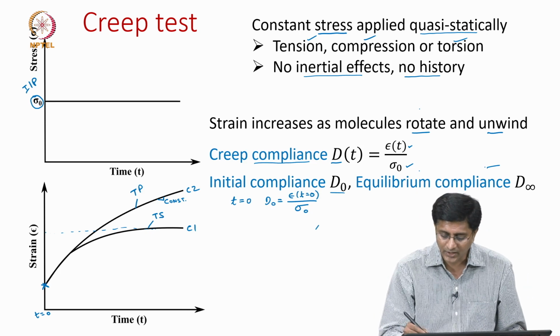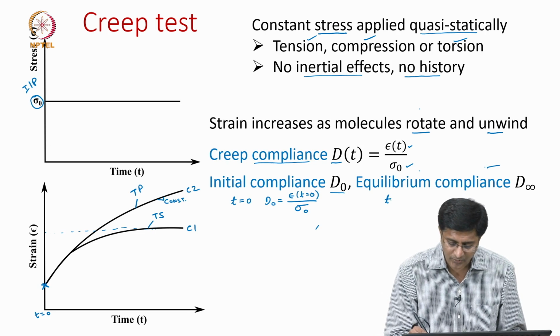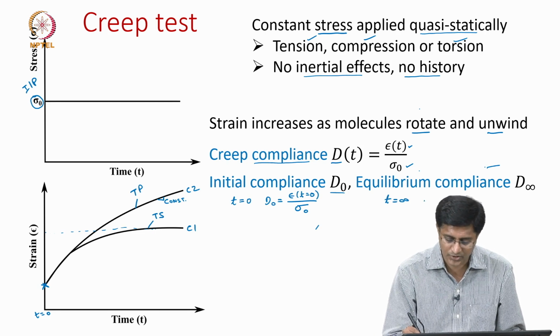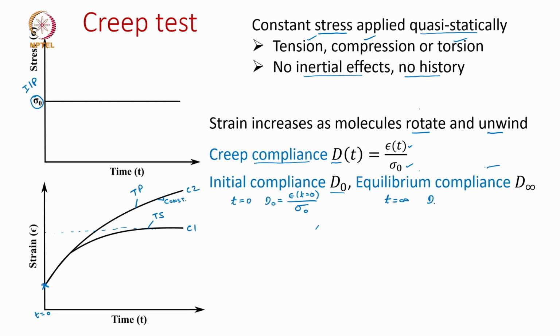And the equilibrium compliance is what happens when time approaches infinity, which we define as D infinity, or equilibrium compliance, given as epsilon at time approaching infinity divided by the applied stress sigma naught.